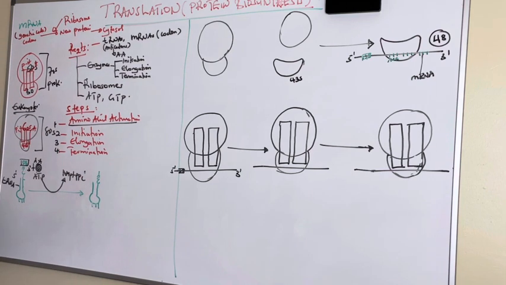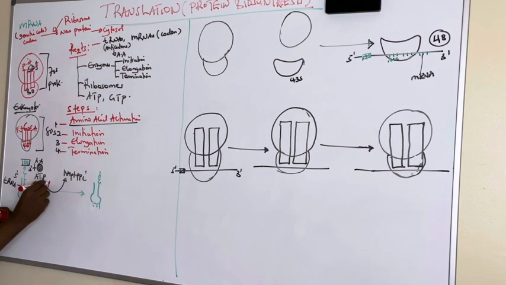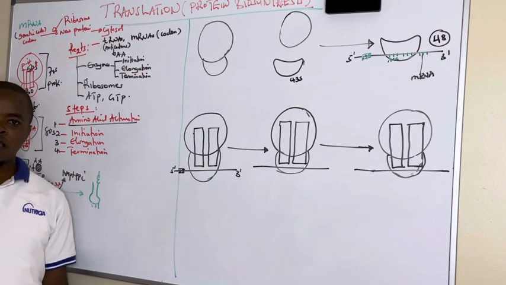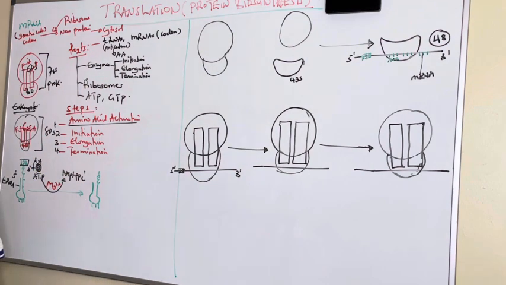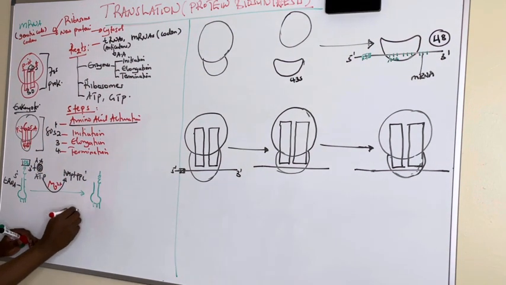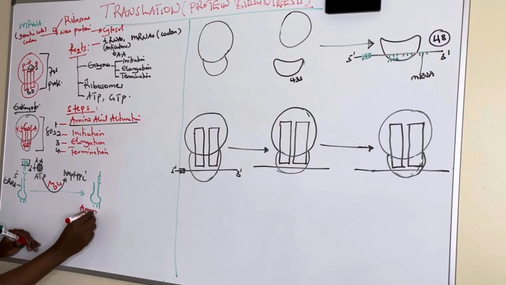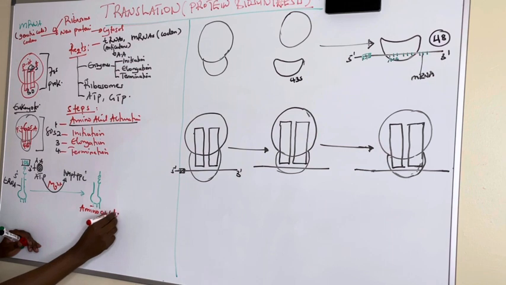And this one occurs in the presence of a cofactor, magnesium ion, whereby we are adding the amino acid specified by the messenger codon to form the amino acyl transfer RNA complex.